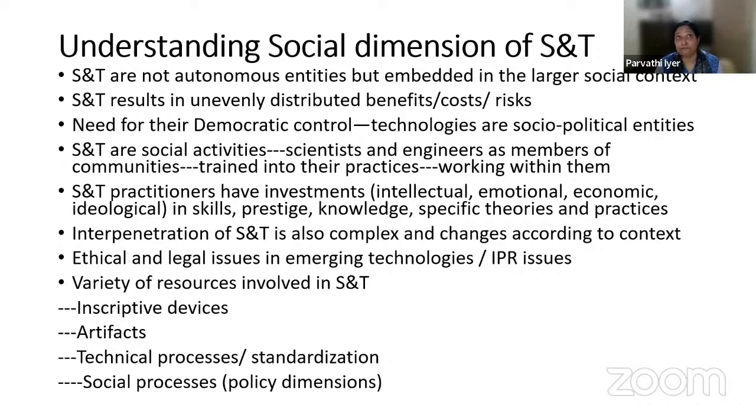Then you have another schedule for clinical trials, though the name of the schedule slipped my mind, and a separate schedule for medical devices and so on. So again, you can see the social dimension of S&T in this context.